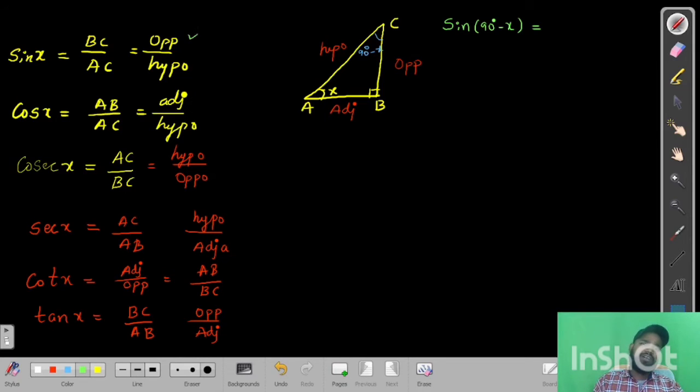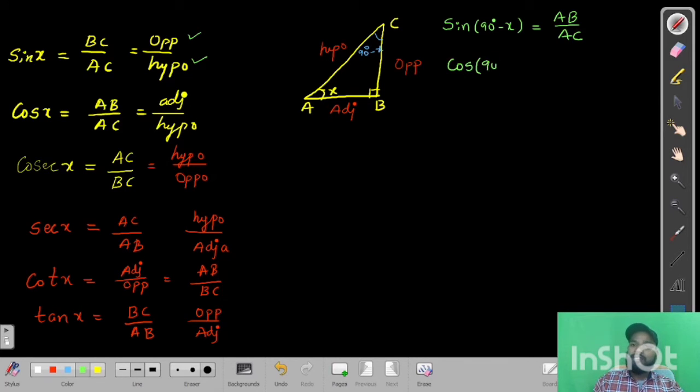Sine formula is opposite by hypotenuse. With respect to this angle, opposite is AB. Then hypotenuse is AC. Sine completed.